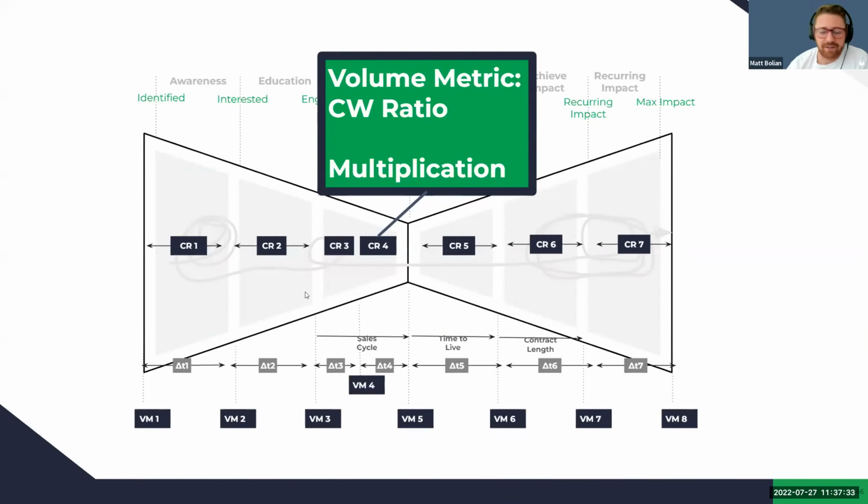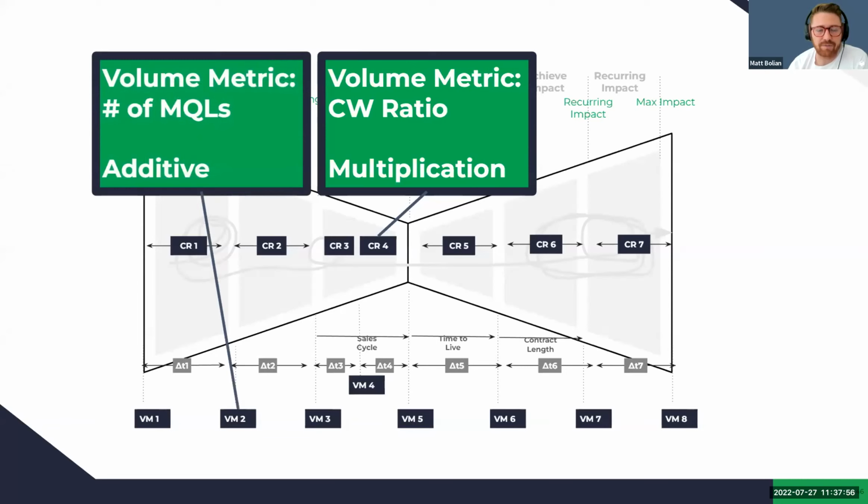So let's talk about the math. Let's take our model and our data model. I'm going to show you, there's two things. Inside our data model, we have two types of numbers. We have an additive number, meaning a volume metric.